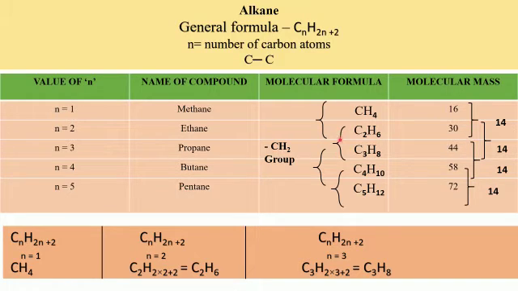If you take ethane and propane to be the next 2 consecutive members, add CH2 group to ethane, you get C3 total. 2 more hydrogen you are adding, so it becomes H8. So C3H8 is propane. Similarly, you can compare these 2 consecutive members, and you can even compare butane and pentane. So we find that the molecular formula of any 2 consecutive members differs by a CH2 group.